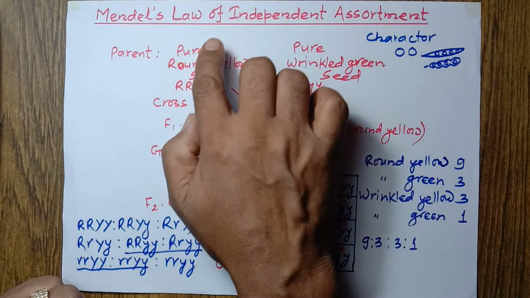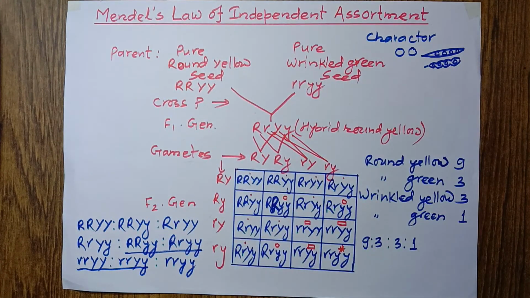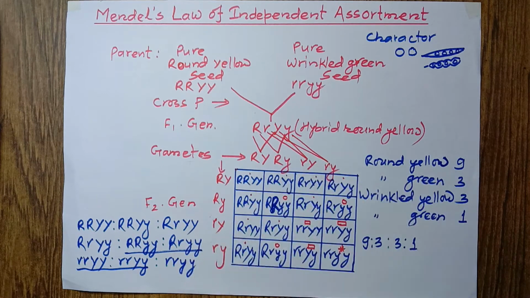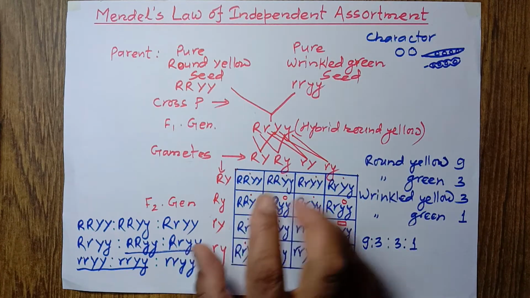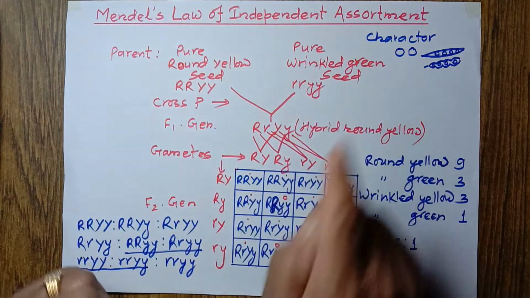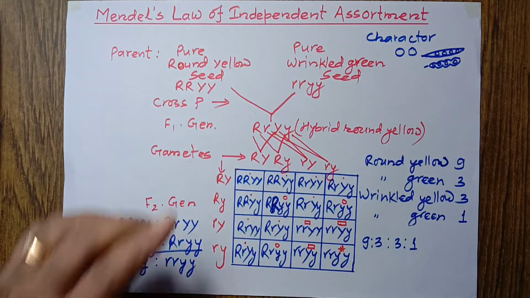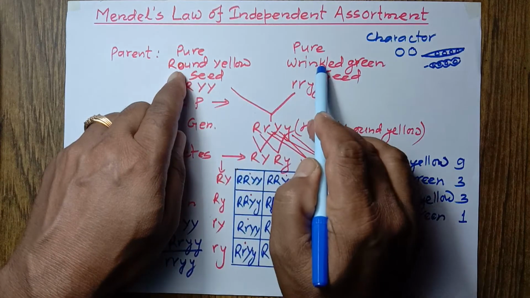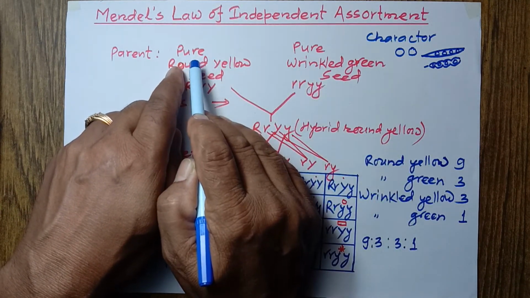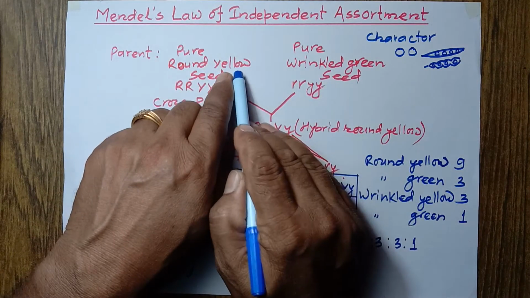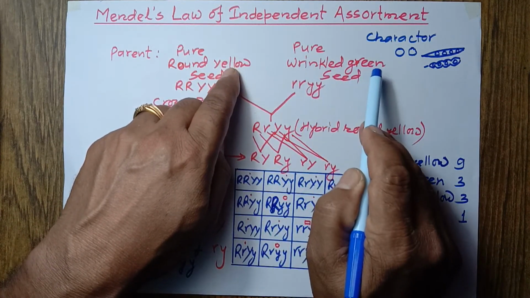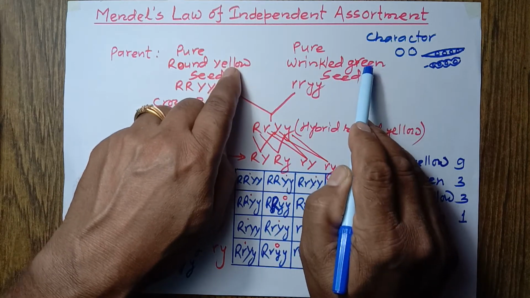We are going to find out the law of independent assortment. Actually, what was the target of Mendel? He was trying to find out the relation between the factors or genes of different characters. For example, round and wrinkled are the factors or genes of the character texture, and yellow and green are the genes or factors of the character color of seed.